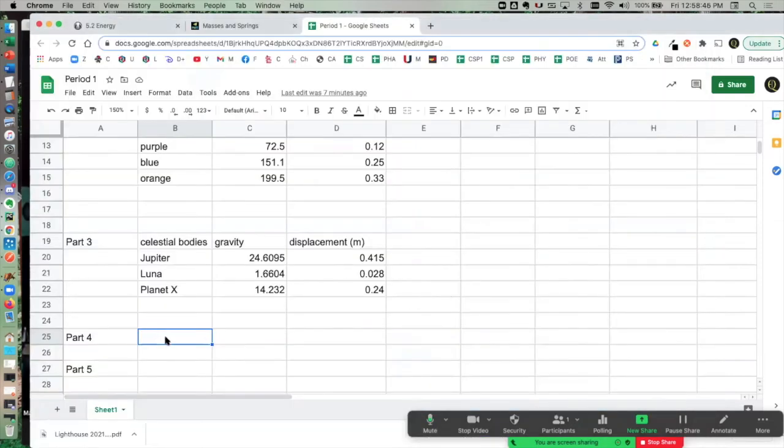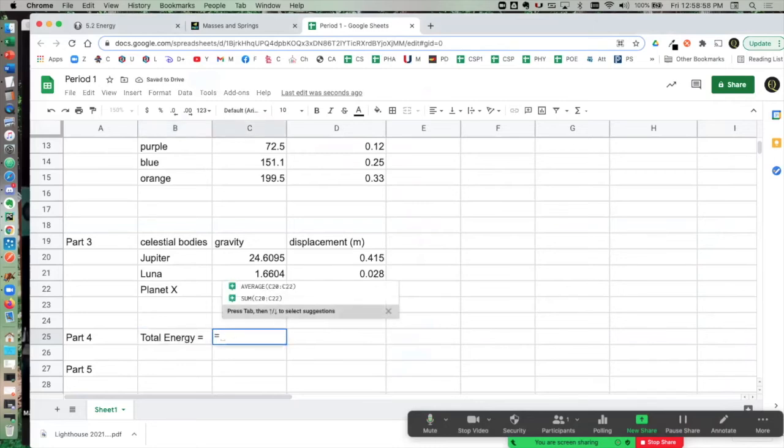So I'm going to just come here and I'm going to do total energy equals, and then right here in this next cell, I'm just going to do equals, what was the mass? 0.250, right? 250 grams, 0.250 times 9.81 times, how far did it fall? 0.825, I think mine was.